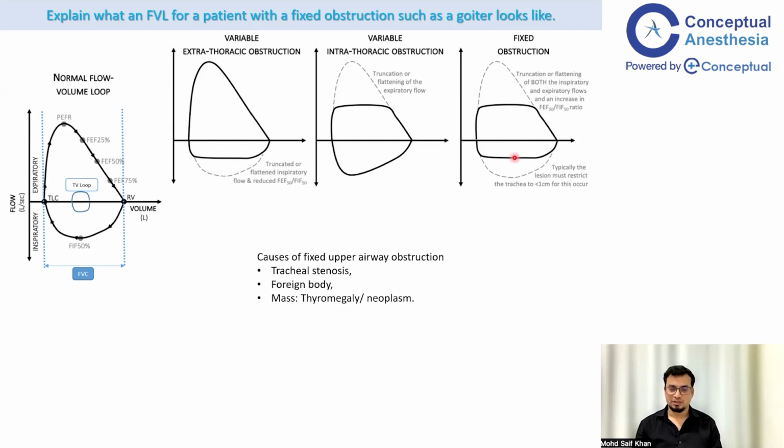Okay, I think you are now very clear about these three varieties of obstruction. And I'm sure you will never get confused, because here you can compare all these types of obstruction very well on FV loop. All right, I will move on.